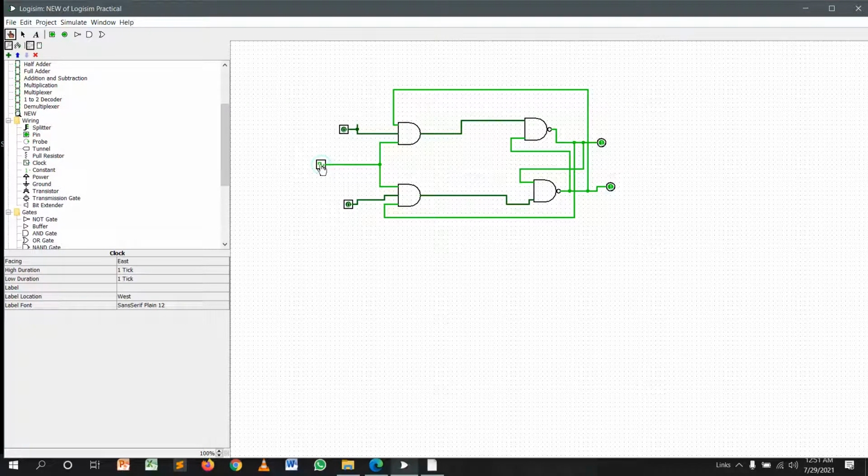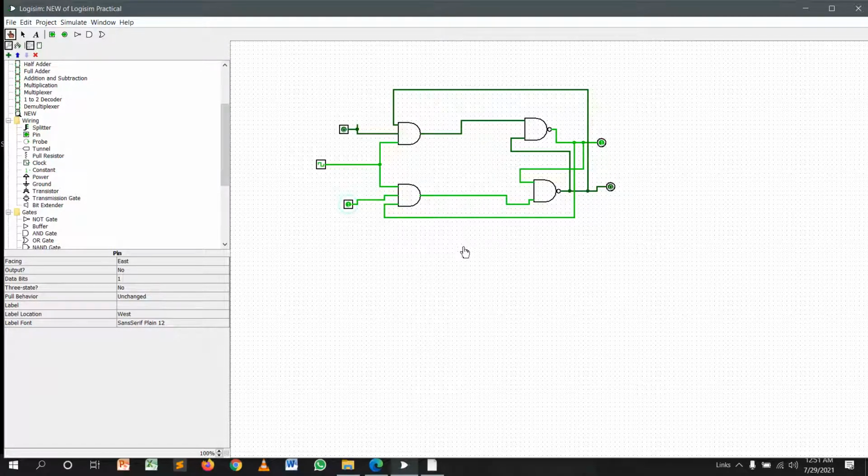Then when those inputs are also 0, it's also a memory location, and 1 with clock pulse 1. Then you see one output is 0 and the other output is 1: when the first input is 0, the second is 1, and when the first input is 1, the second output is 0.